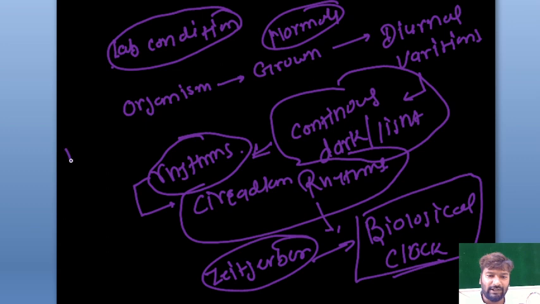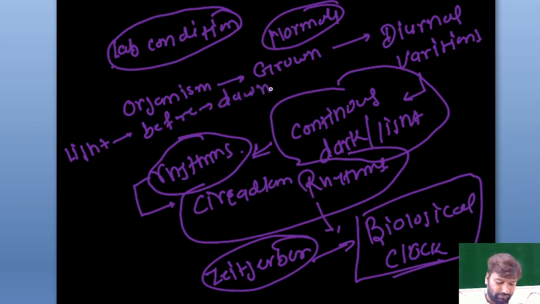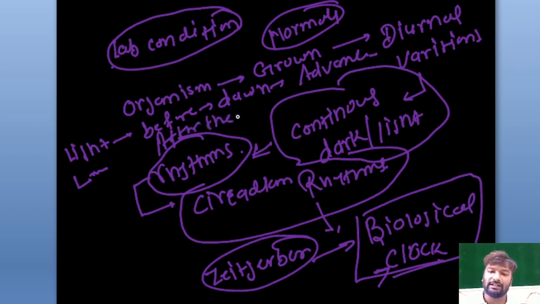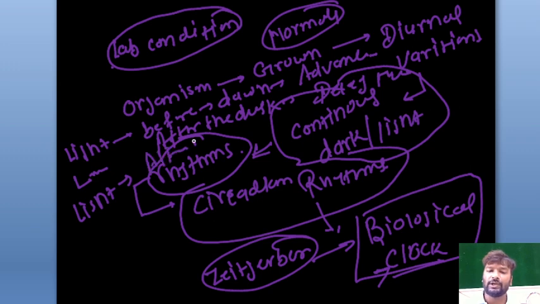If we give light before the advance phase of the clock, or give light after the dusk, it delays the cycle, and if we give light during the afternoon or daytime, then there will be no effect on this circadian process.